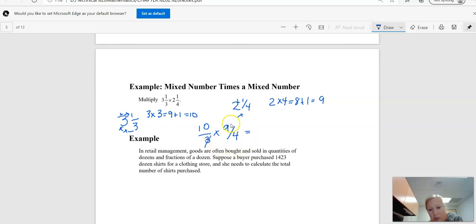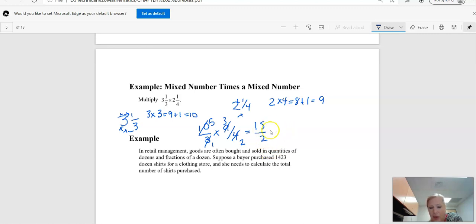Now, the 3 and the 9 both have a 3 in common, so I'm going to divide out a 3. The 4 and the 10 both have a 2 in common, so I'm going to say 4 divided by 2 is 2, 10 divided by 2 is 5. 5 times 3 is 15, 1 times 2 is 2, right?